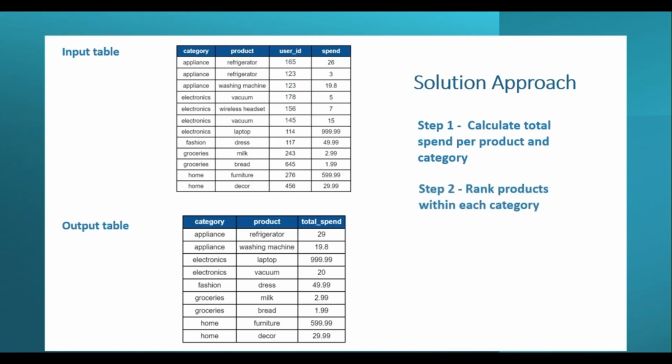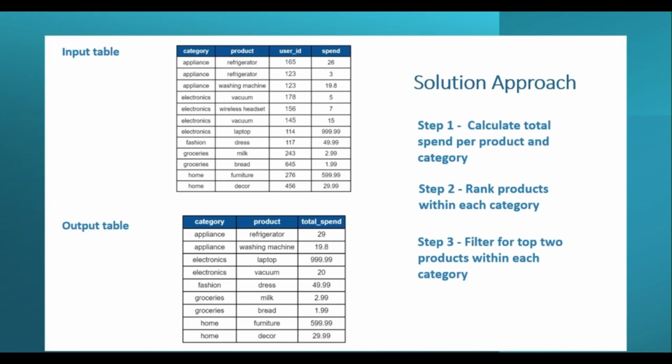For that, we will use the rank window function to assign a rank to each product based on its total spend within its category. The third and last step is to filter the top 2 products within each category, by selecting only the rows with rank 1 and 2. So this is how our solution approach will be.